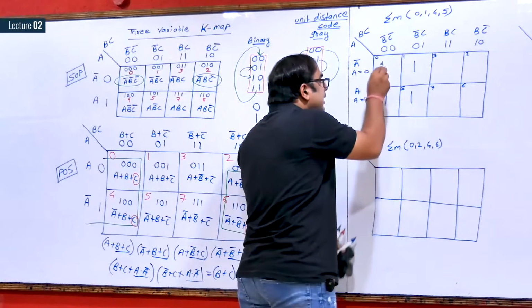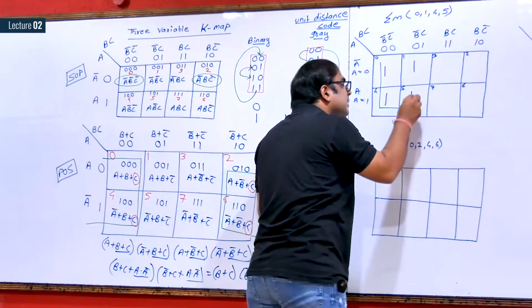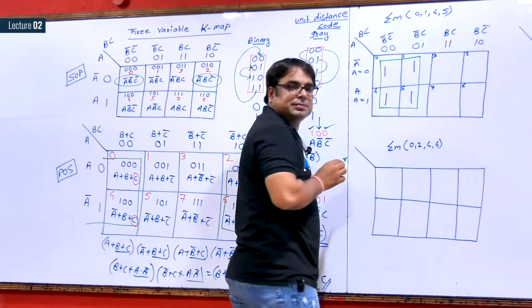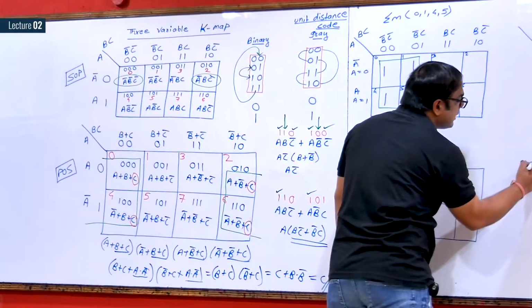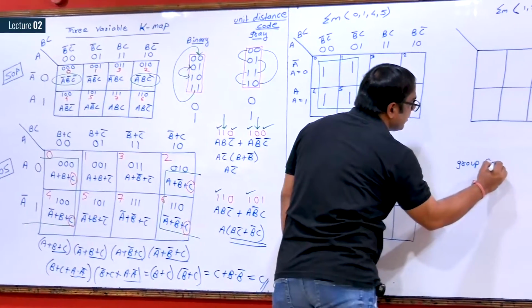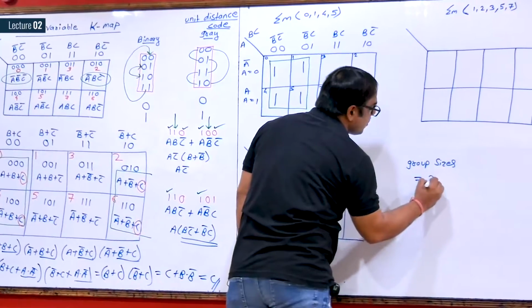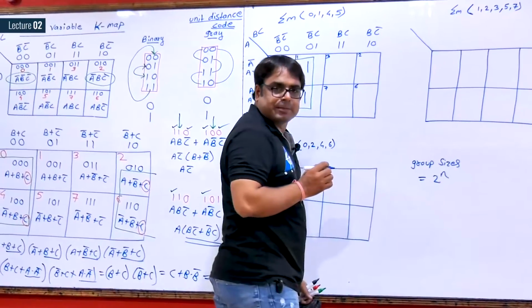Now please see, I can form this group. One thing I want to mark here: what are the group sizes possible? Group sizes possible are 2 to the power n.